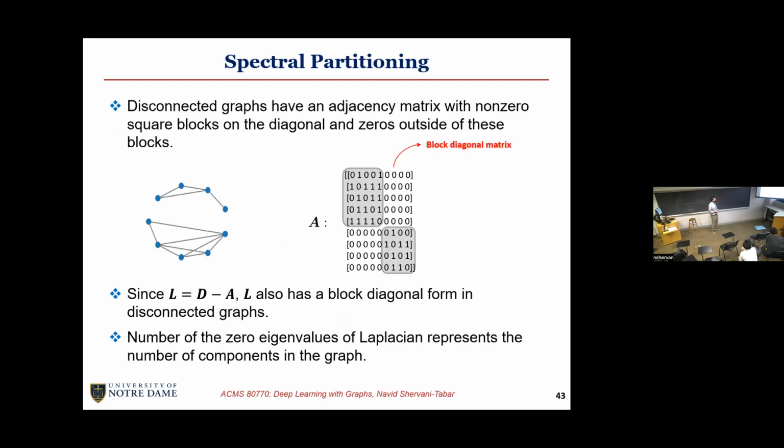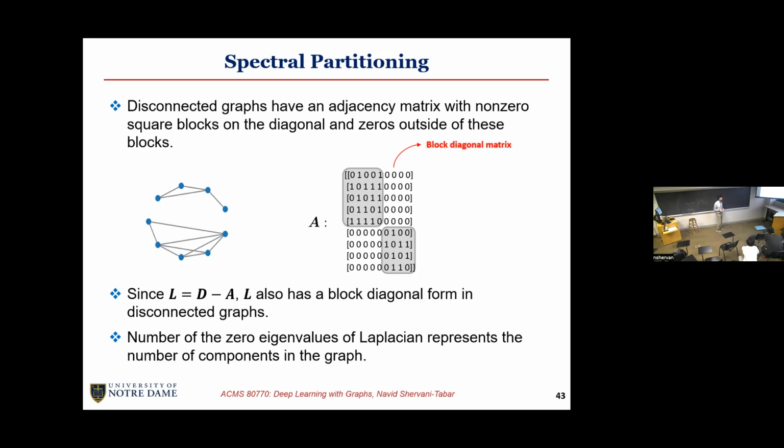So we said that the Laplacian for a connected graph has an eigenvalue which is equal to 0. We can also say that if we have a disconnected graph, the number of 0 eigenvalues is the number of partitions we have, or basically the number of components.